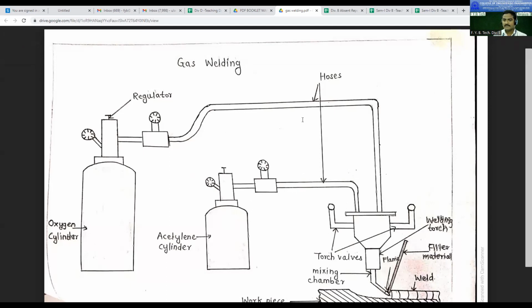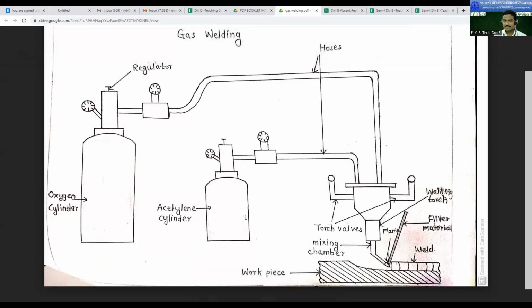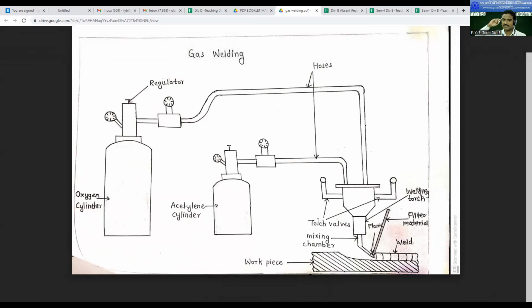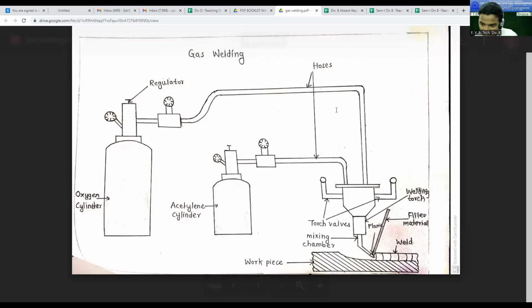While coming to the next lecture, please complete this diagram before the start of the next lecture. So tomorrow we have lecture. We can complete it till tomorrow. So we'll stop for today.